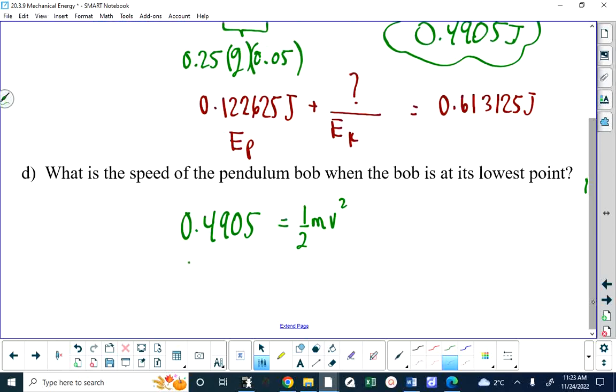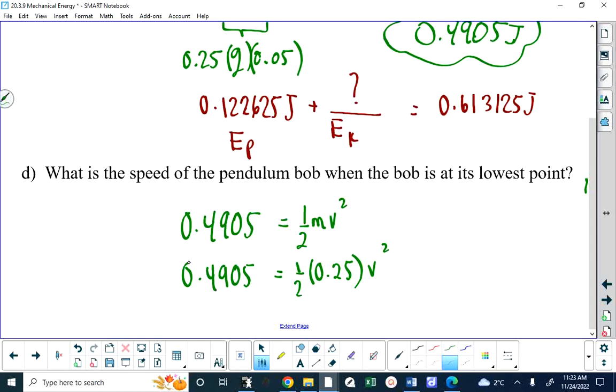So now we've got 0.4905 equals 1/2 times the mass, which is 0.25, times v squared. And again, all this A, B, C, D is just kind of nonsense because the question would be given on an exam, how fast is it moving at the bottom?